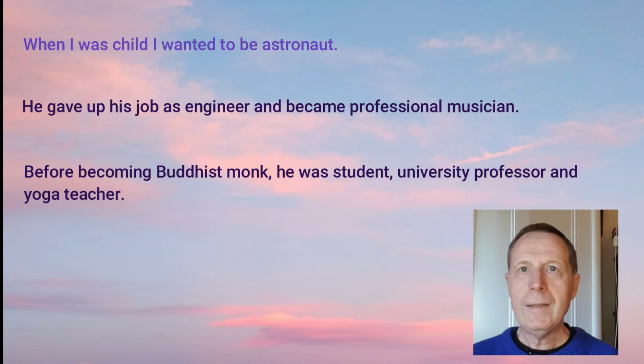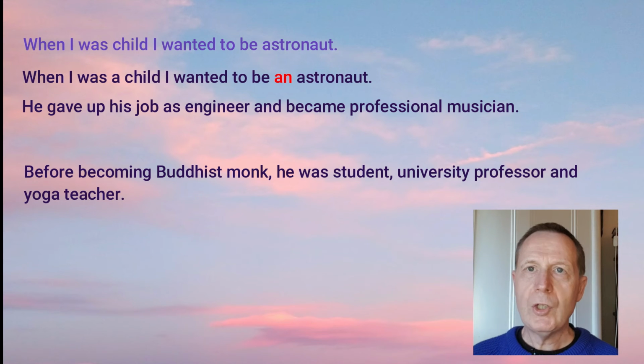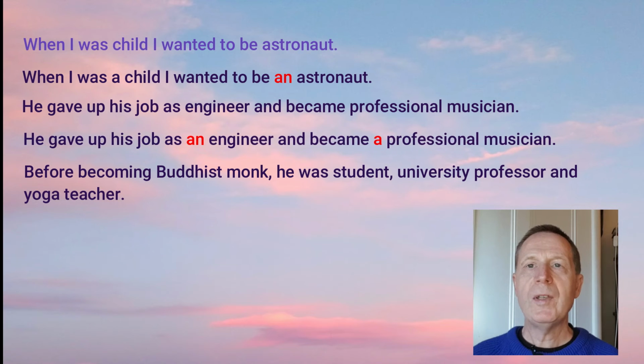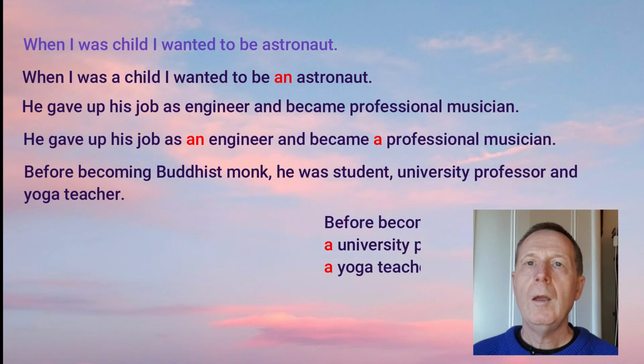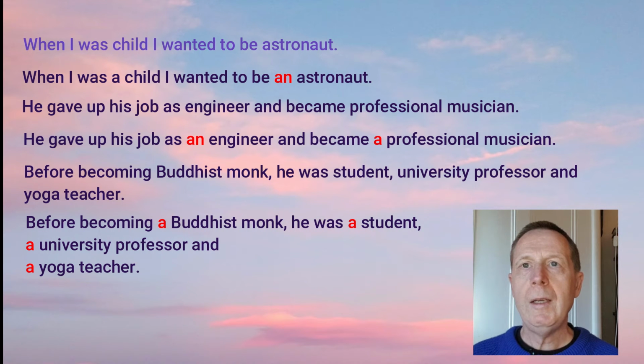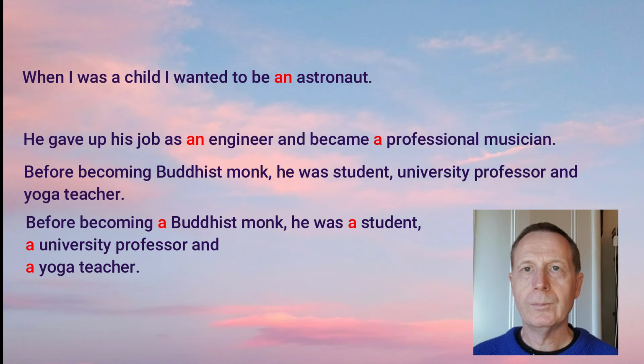So here are the correct sentences. When I was a child, I wanted to be an astronaut. He gave up his job as an engineer and became a professional musician. Before becoming a Buddhist monk, he was a student, a university professor, and a yoga teacher.